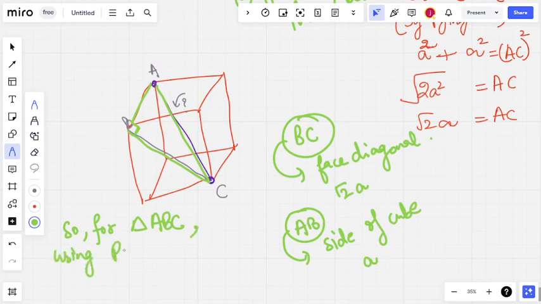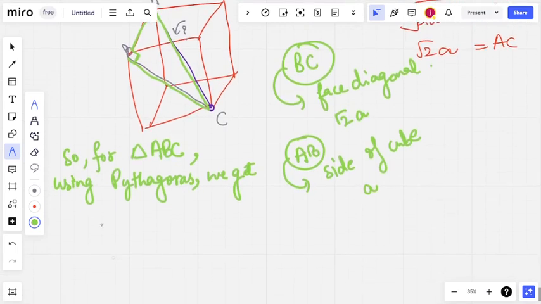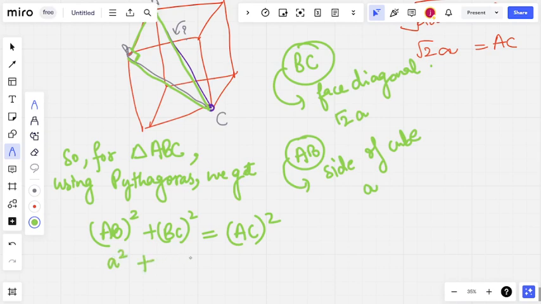Using Pythagoras we get AB square plus BC square is equal to AC square. AB square is equal to A square, BC square is equal to √2a whole square, and the AC square we have to calculate.